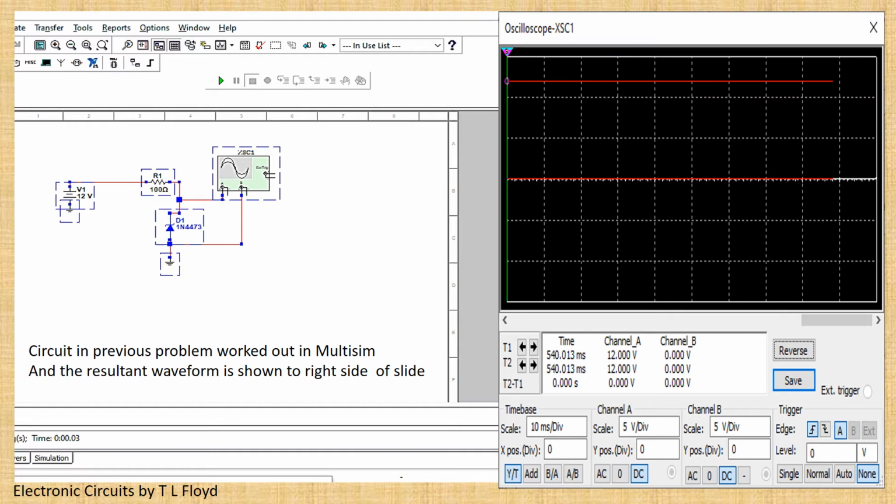From the scope reading we can see that the output voltage measured is almost 12 volts. That much is the output voltage regulation offered by the Zener, the maximum voltage available across the Zener.